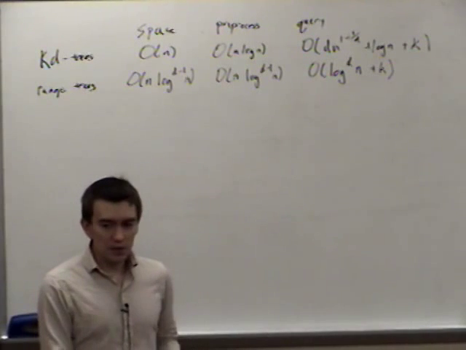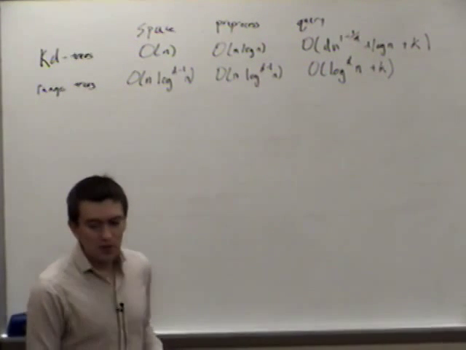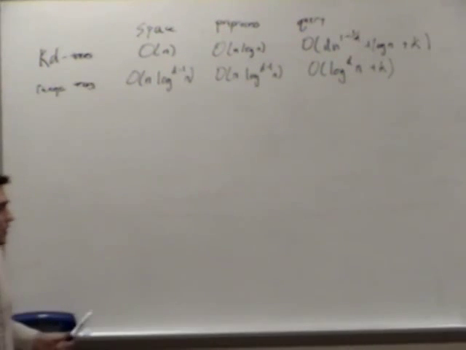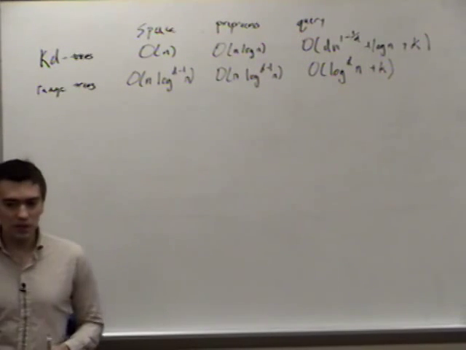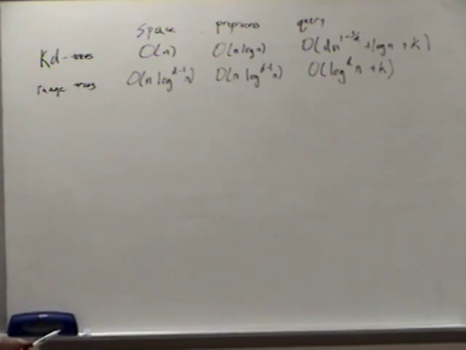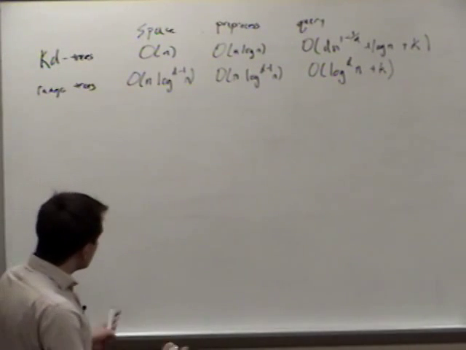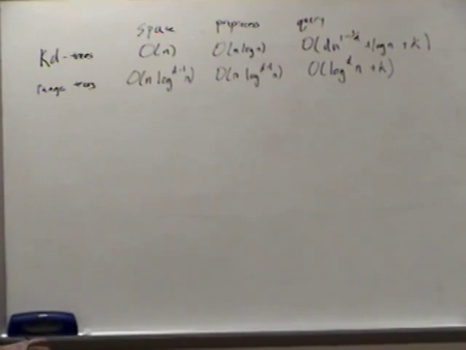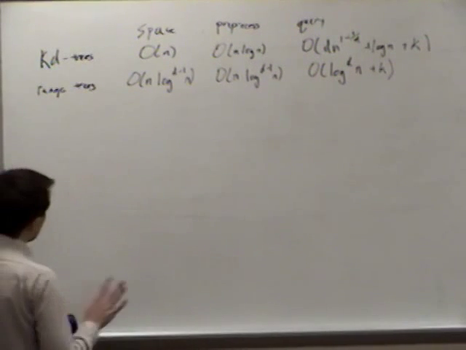Some of them may be very cheap and others may be very expensive. So it's not a free lunch here. We're not going to be getting the same guaranteed log overhead that you would get with something like a red-black tree, but we'll get reasonable performance. So that's the goal for the first half of this lecture.